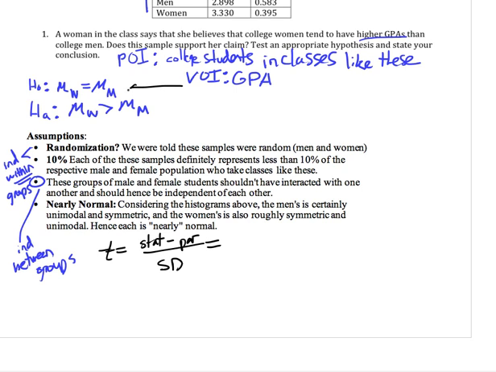So remember, you can use this and think about, well, if I just go mu sub w minus mu sub m, and subtract this one to the other side, I'll have a nice way to think about this. So I'm going to be looking at the x bar for the women minus the x bar for the men, and that's all my statistic. And then I'm going to be subtracting the parameter that I assume in my null hypothesis, which is 0.